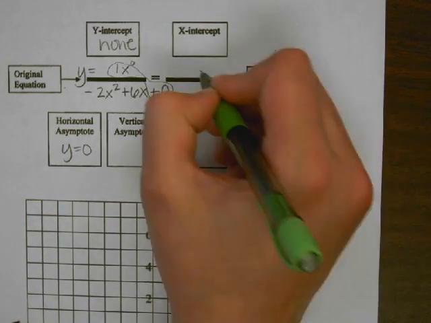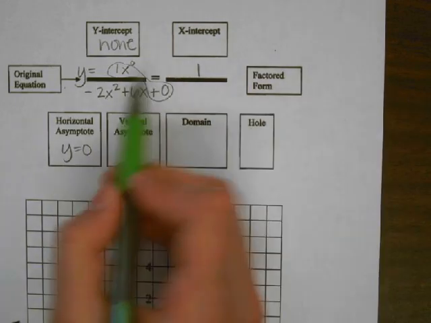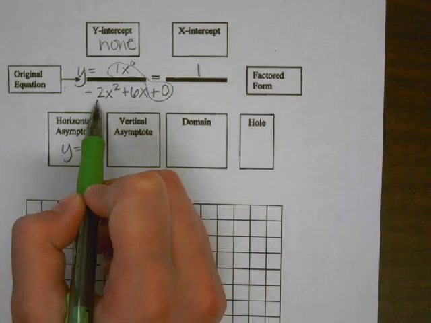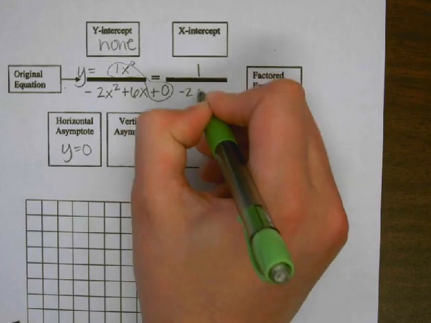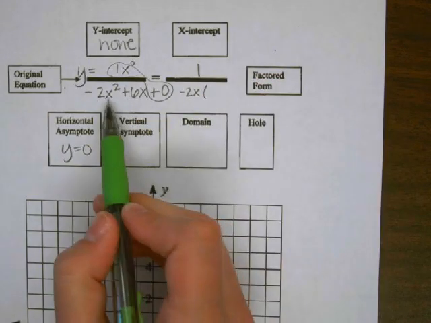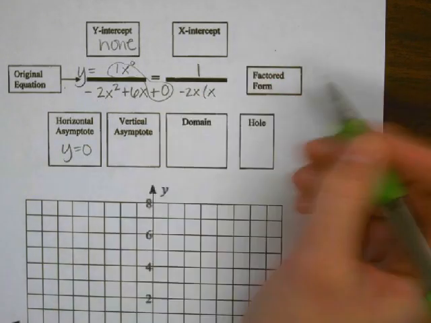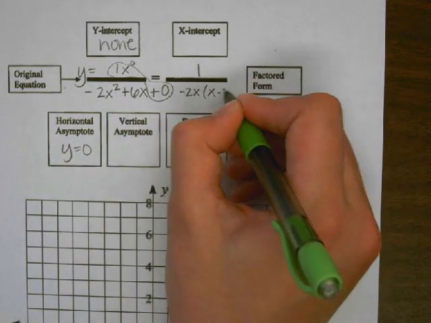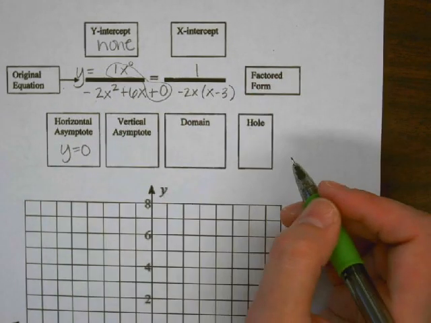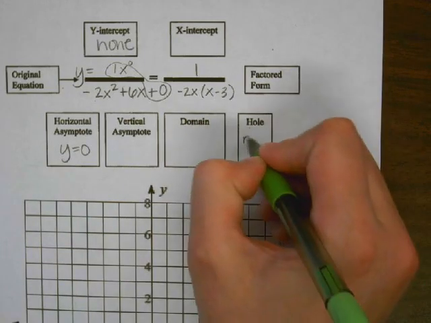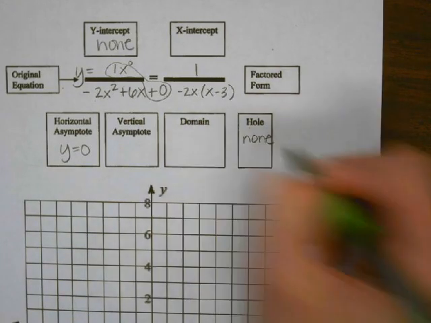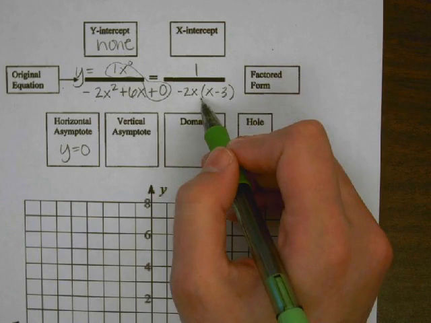I'm ready to go ahead and factor this problem. So I'm going to factor out a GCF of negative 2x. And that means that left over I have an x minus 3. So I don't have any factors that cancel. That means there are no holes. I have 2 factors left over on the bottom.